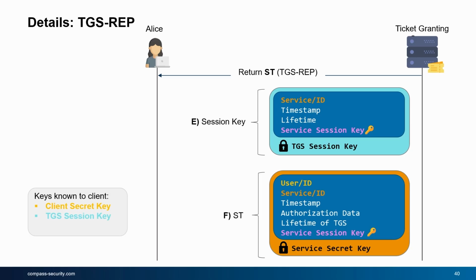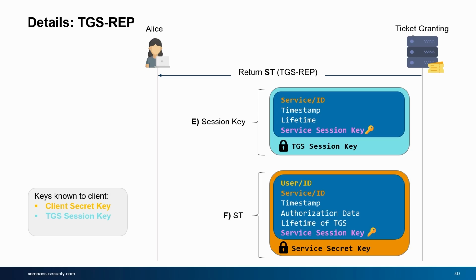Now the service ticket itself is encrypted with the secret key or the key material of the target service. So if we request a file share service on FS1, for example, this will be encrypted with the secret key of FS1, of the account of FS1.